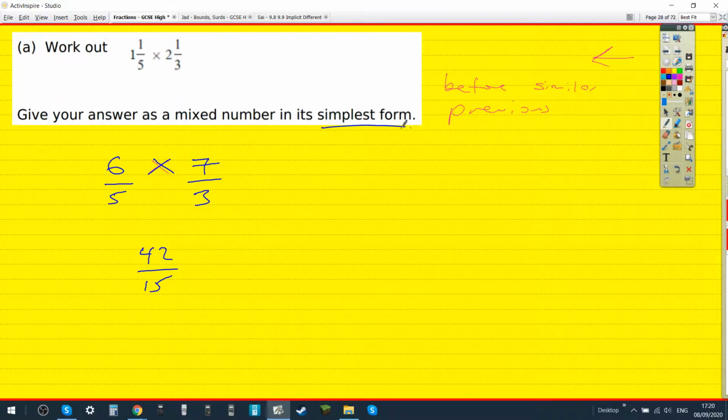And is that simplest form? In its simplest form, would it be 2 and 12 over 15? Okay, so 2 and 12 over 15. And is that simplest form?